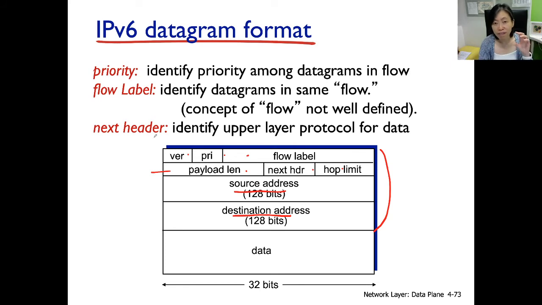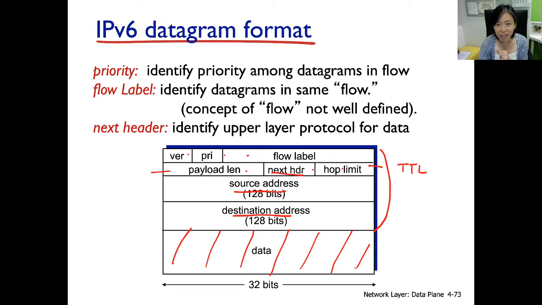Here now, having a fixed packet header size, we need just the payload part, the payload length, to indicate the size of the data down here. Hop limit, this is just the TTL field, just like in IPv4.